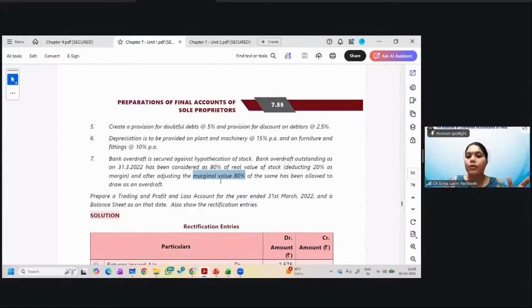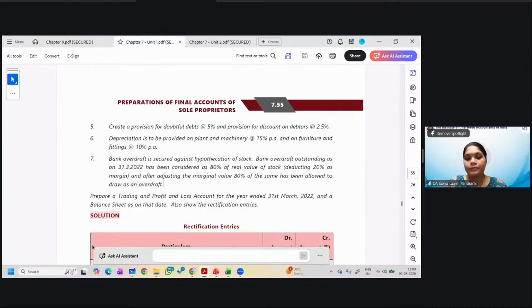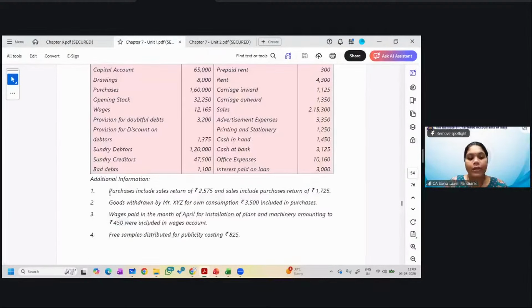One is the 80% of the value of stock and the 80% marginal value. Both adjustments have been done. So we will see how this will work when we are doing the trading account valuation. Now they're asking you to prepare the trading account, P&L, and the balance sheet, and also you will have to show the rectification entries, right? The rectification entries will be for these transactions because these have gone wrong. A few have gone wrong, so you will have to do the rectification entries for these, right?